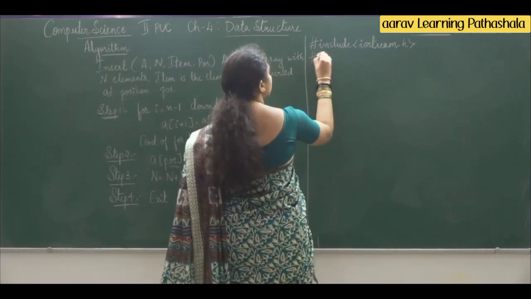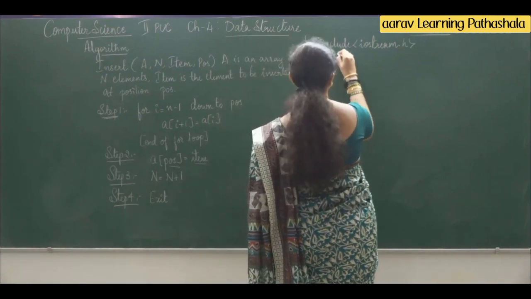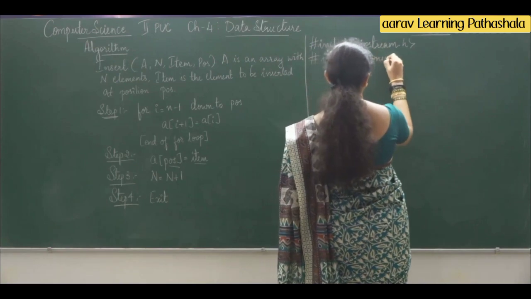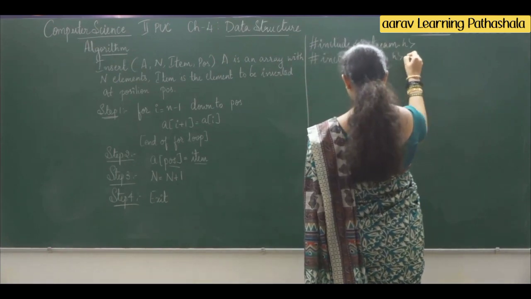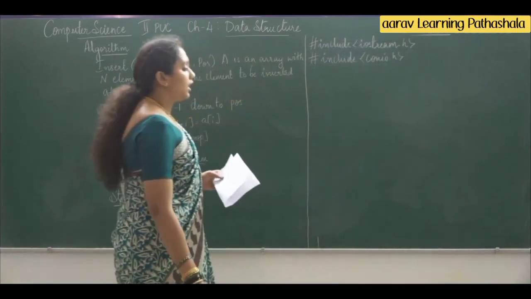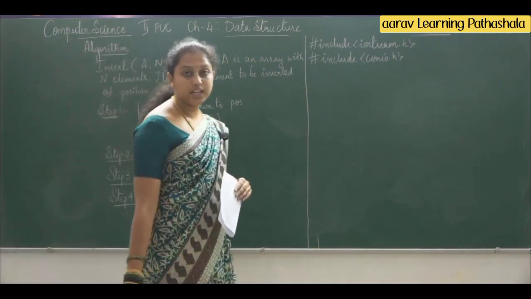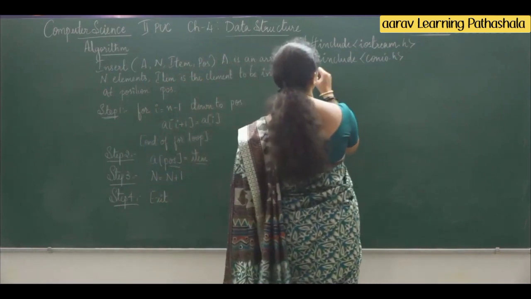And next header file is #include conio.h. So this header file is used in our program to use the functions like clrscr and getch.